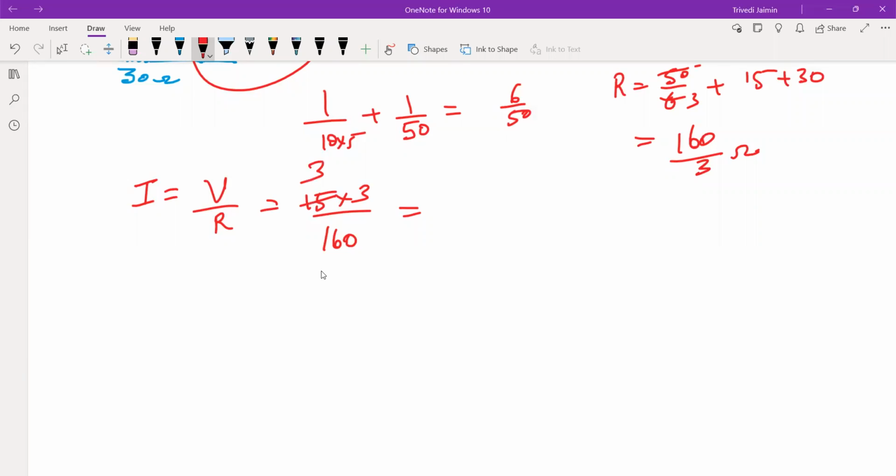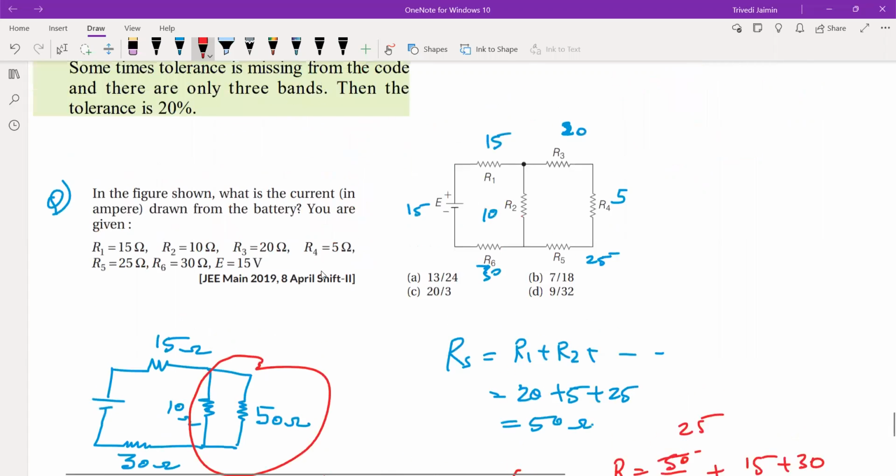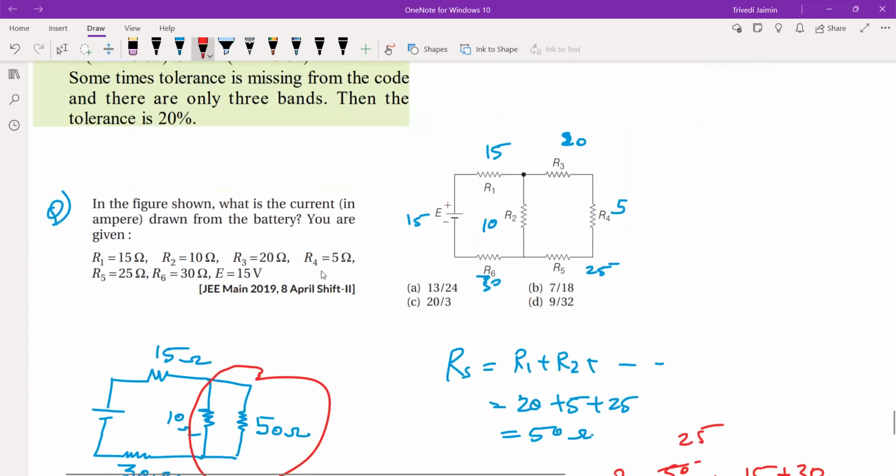Five threes are 15, so 9 by 32 amps. So we need it in fraction only, right? Yeah, we all have it in fraction. So keep it in fraction, 9 by 32.